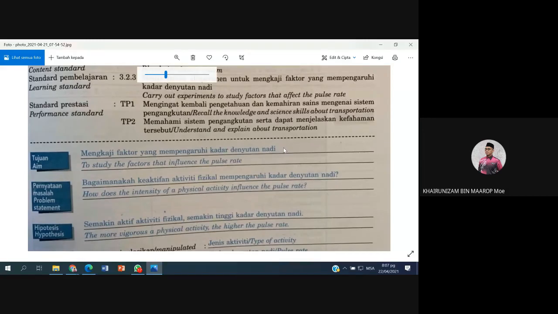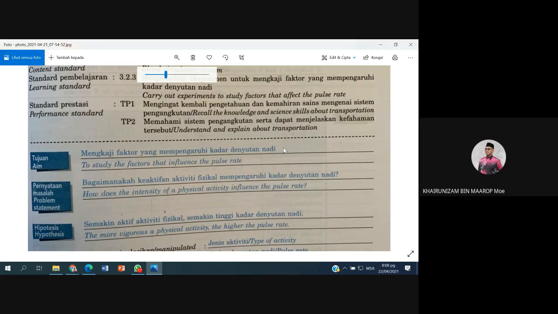The female has a higher pulse rate compared to the males because normally female has a smaller size of heart, so the smaller heart needs to pump blood more rapidly than the male heart.